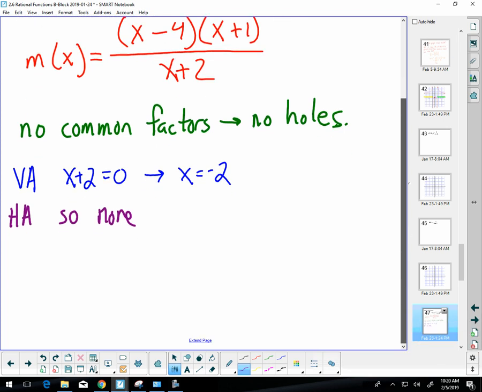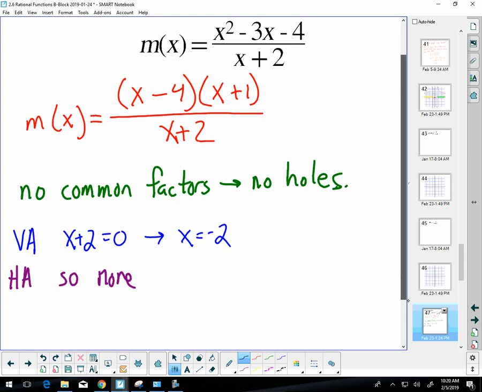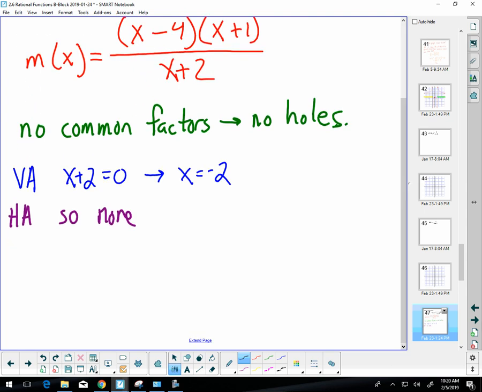So for our slant asymptote, for our oblique asymptote, depending on your language, I'm going to use synthetic division, negative 2, because that's the 0 of the denominator. And I'm going to have a 1, negative 3, and a negative 4.